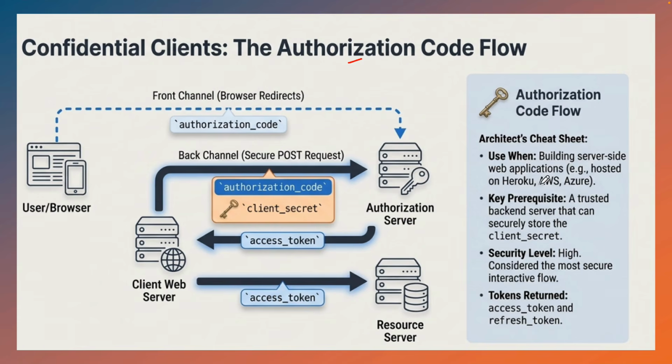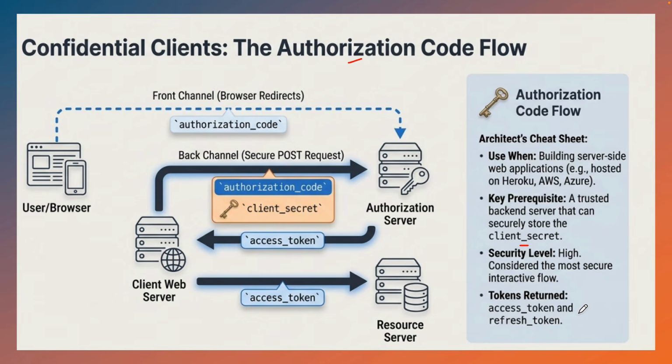For example, applications hosted on Heroku, AWS or Azure, which are capable of storing the client secret key, you will go for the authorization code flow. The prerequisite for this is that you must have a backend server that can securely store the client secret key. Security wise, this is the most secured interactive flow when the user is involved.